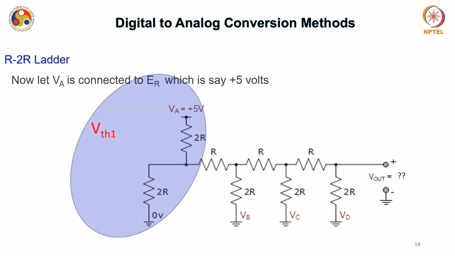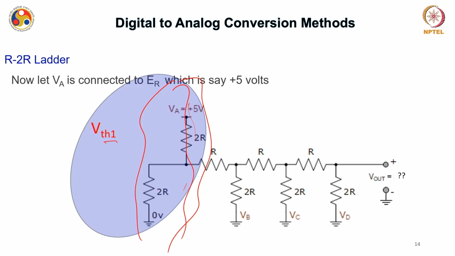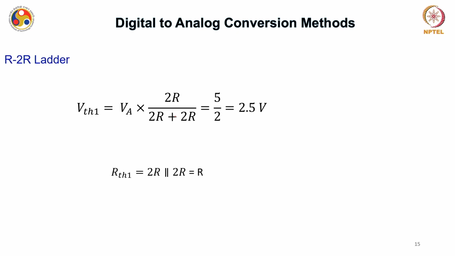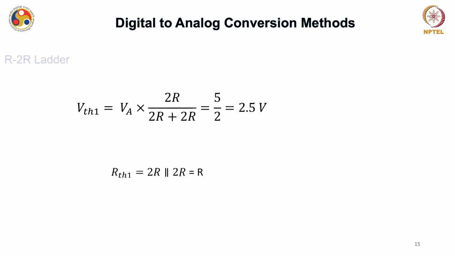Now, what I have to do is calculate the Thevenin equivalent voltage here. VTH1, let me calculate for this particular configuration. VTH1 will be simply equal to VA into 2R by 2R plus 2R, basically at this particular point. So, VTH1 is equal to 2.5 volt.